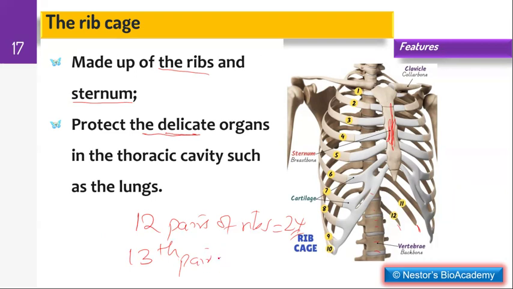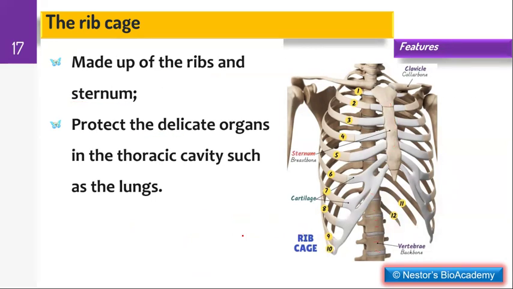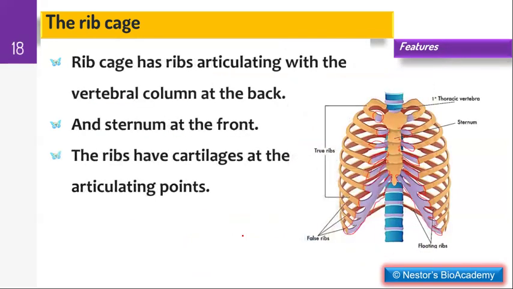Most often it leads to a condition we refer to as thoracic outlet syndrome, where the 13th pair of ribs tends to press against certain nerves and can bring about complications to these individuals. You can read more on thoracic outlet syndrome and get to know more about the symptoms and the challenges that these individuals realize.